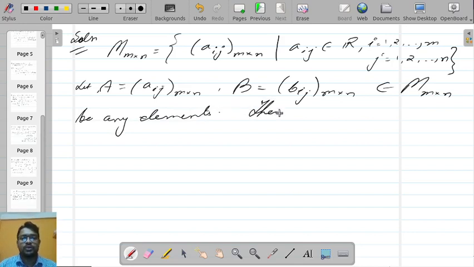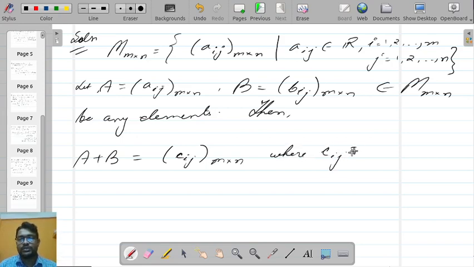Then how do you define A plus B? A plus B is defined as the matrix cij m by n, where this cij is what? cij is nothing but aij plus bij. This is the definition of matrix addition.